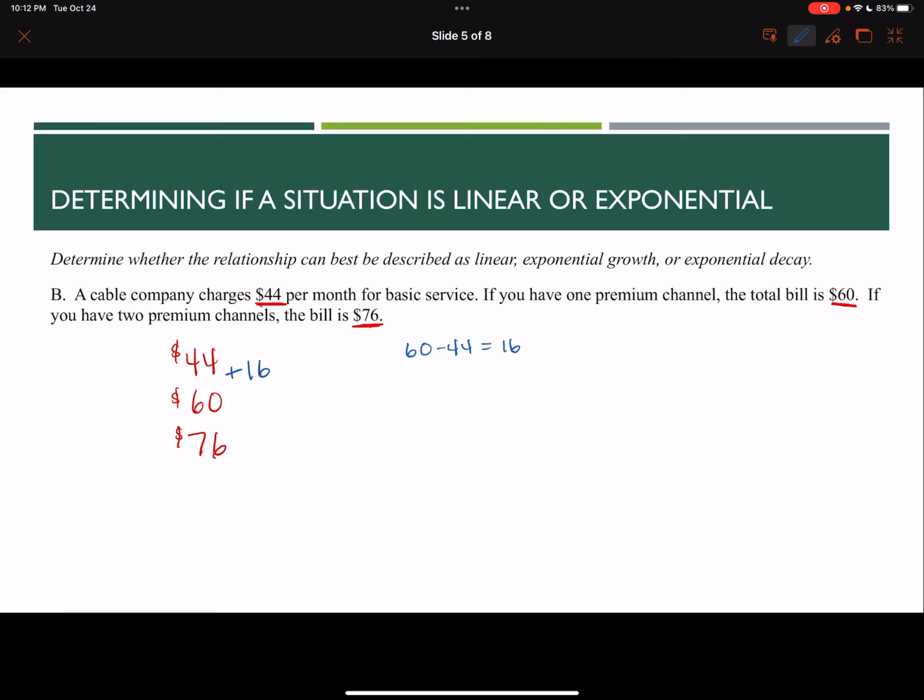So 44 plus 16 is 60. Can I add 16 to 60 and get 76? I sure can, and I can check that by thinking of the opposite of adding, 76 minus 60 is also 16. So because when I subtract each successive value, or when I add 16 to each value, I get the same result, I can say that this is linear.